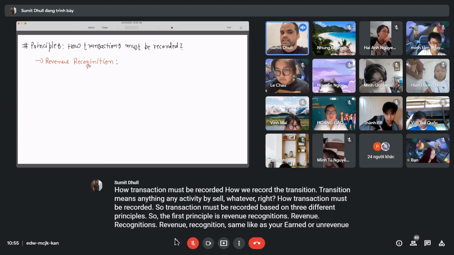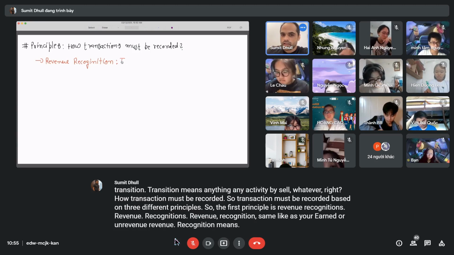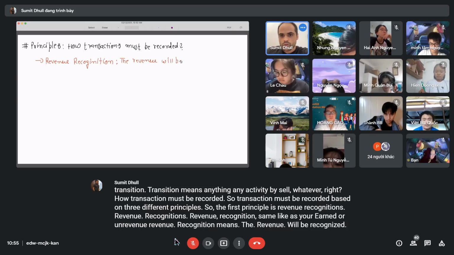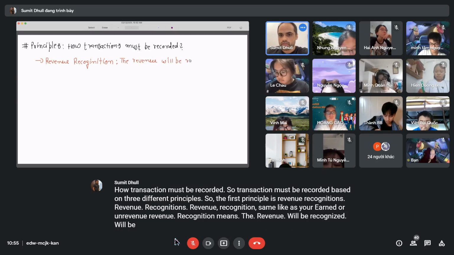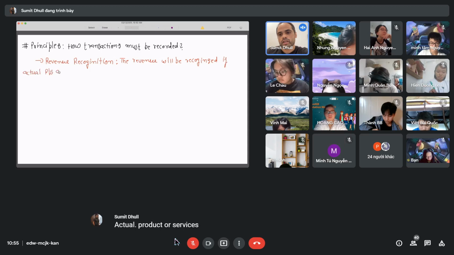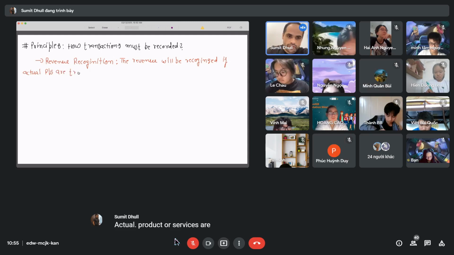It means revenue will be recognized if the actual product or services are transferred.